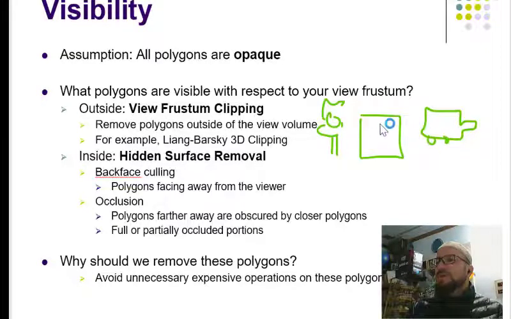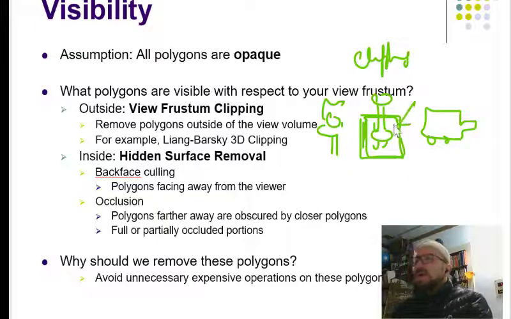These are not visible, and say you have a person here, so you can see only what is visible in the window. The rest you clip, so you are hiding what's not visible in your view frustum. So you are removing polygons outside the view volume, by doing 3D clipping, or Liang-Barsky 3D clipping, or whatever clipping you use. You just cut it, and you keep only that which is coming in your frame, right?